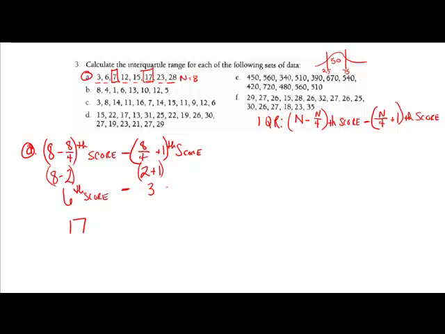Just want to drop this score thing down so as not to confuse you. 17 minus the third score, which is a 7. So the interquartile range is 10 for A.